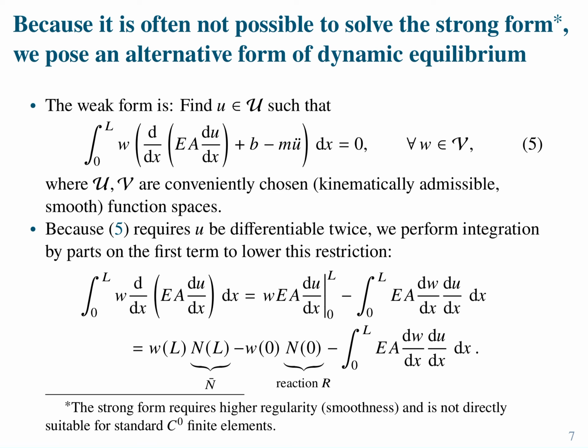Now, because we have a single differentiability requirement on u and on w, we can choose linear functions to solve the problem, right? So suddenly, for the first time, we can use linear finite elements. We can express our interpolants as linear fields inside the elements. Because if I have the derivative, it's going to be constant in the integrand, but I can still get something useful out of it.